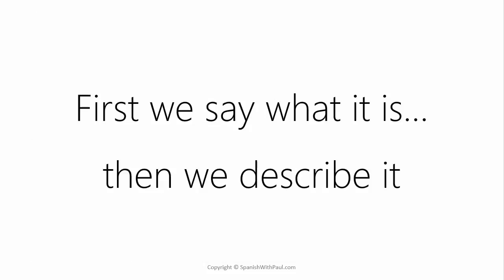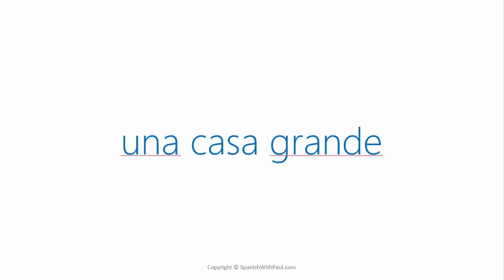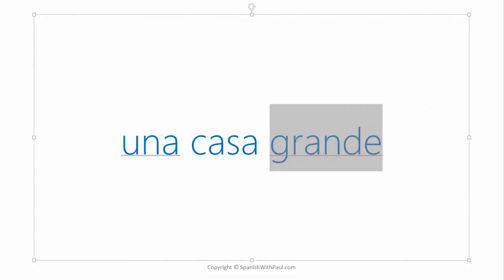Going back to the previous slide, try to remember in Spanish, first we say what it is, a house, and then we describe it, big, small, red, little, whatever it may be. So, una casa grande, that would be the correct way to say it in Spanish. So we have what it is, una casa, and then describing it, grande.